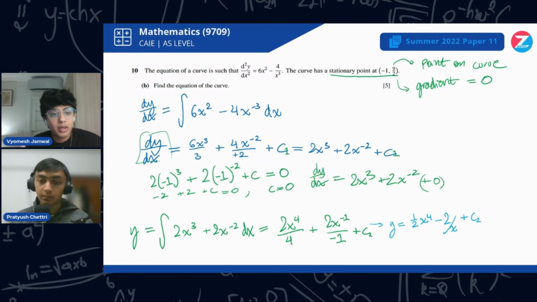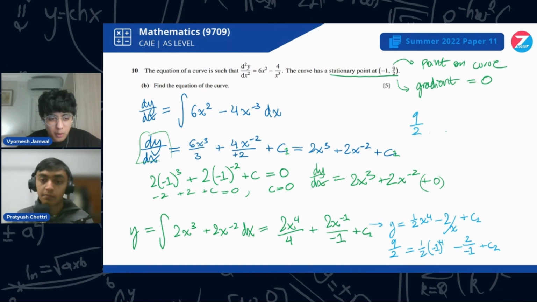And now we put in the value. So it'll be 9 upon 2 equals, substituting the value of negative 1, 1 upon 2 minus 2 upon negative 1 plus c2. And so now we just need to make it in terms of c2.